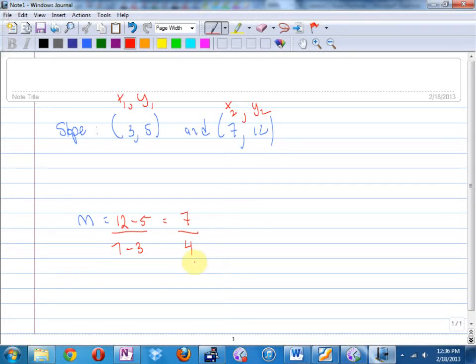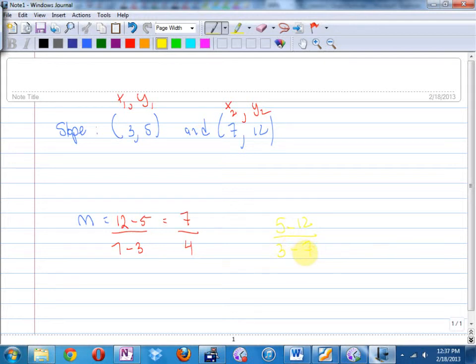You want to find the slope, Amy, without graph paper? Subtract the y's, subtract the x's. Oh, but go in the same order. If you subtract second y minus first y, you better subtract second x minus first x. It would have worked the other way around, by the way, if I had gone 5 take away 12 over 3 take away 7.